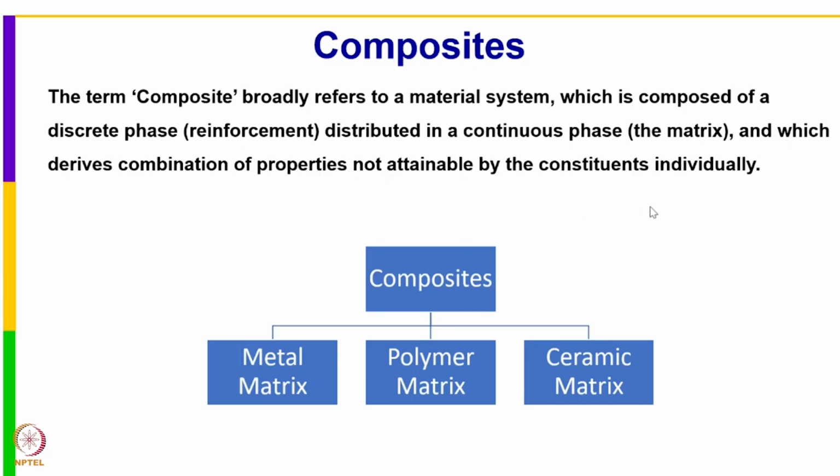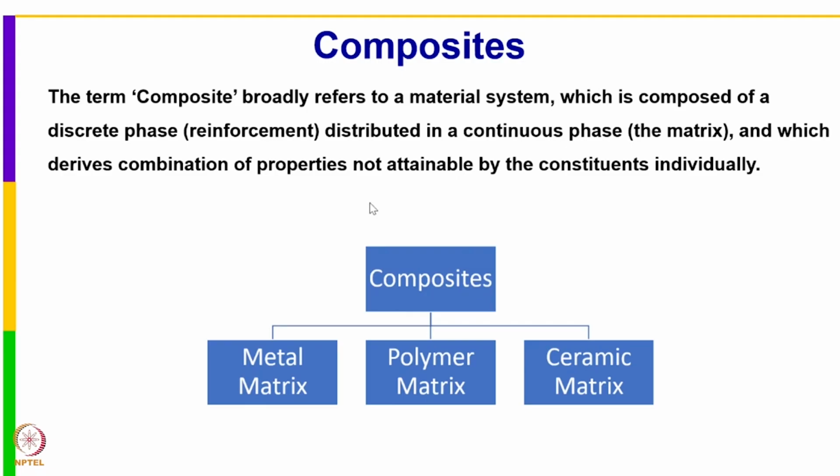This is what I was mentioning, that it will combine the properties of two or more materials, and these combined properties cannot be achieved in the individual constituents of the composite. That is the biggest advantage you get out of composite materials. It can combine properties and supplement many of the properties which may be needed in a particular application.